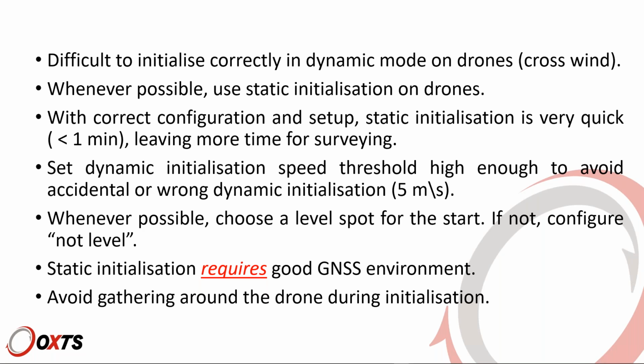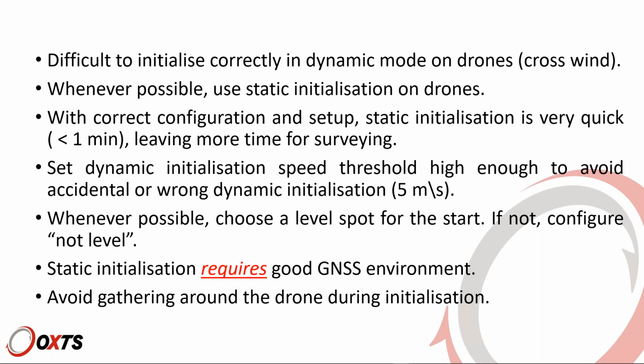The way you trigger it is by setting a speed threshold that the system will initialize as soon as it crosses that speed. But that speed can be in any direction. So make sure that threshold is high enough so you do not cross it accidentally, inadvertently, by maneuvering, for example, the drone, trying to make it take off initially and then positioning the drone in order to initialize by going straight and forward.